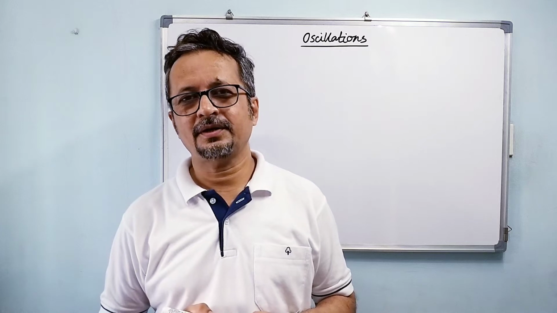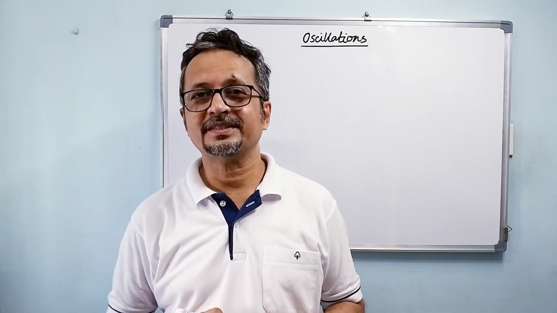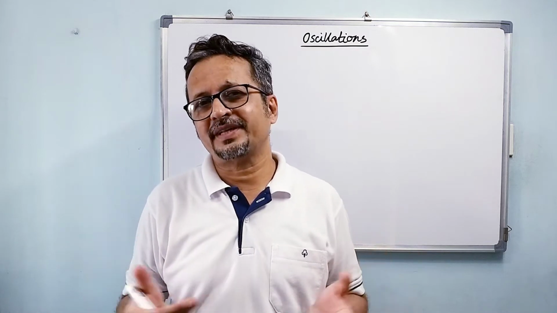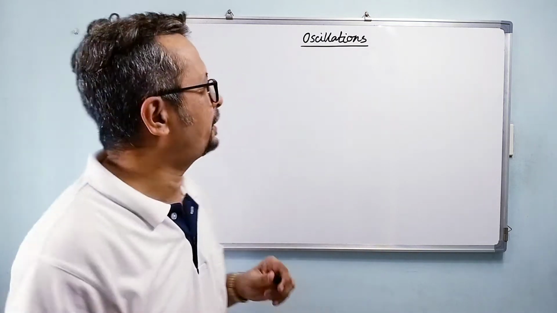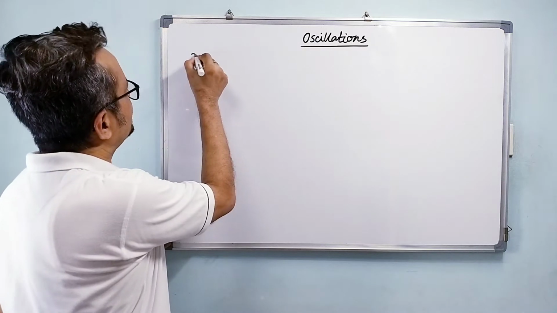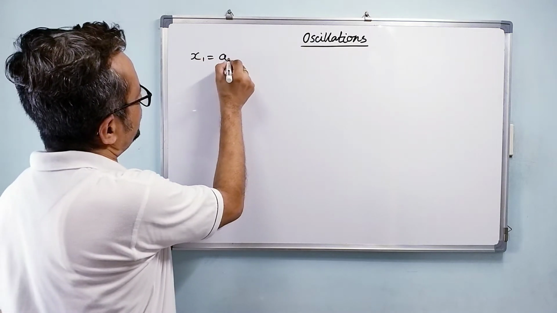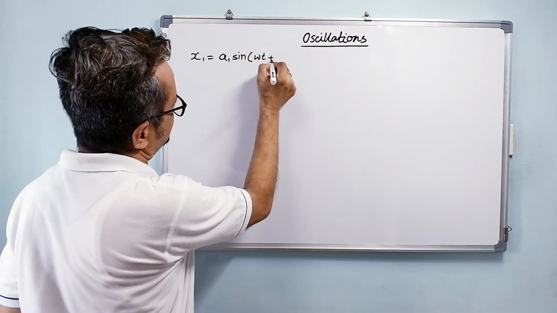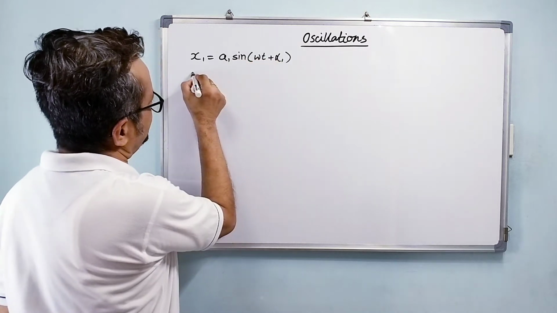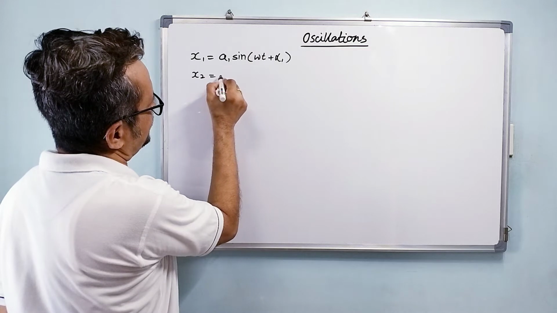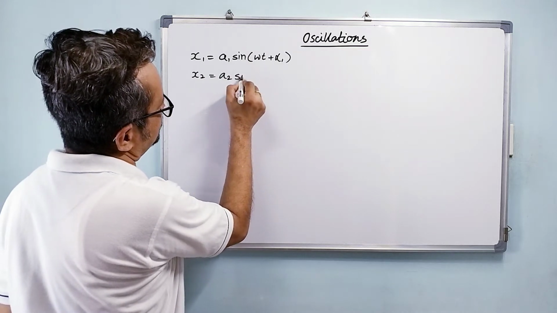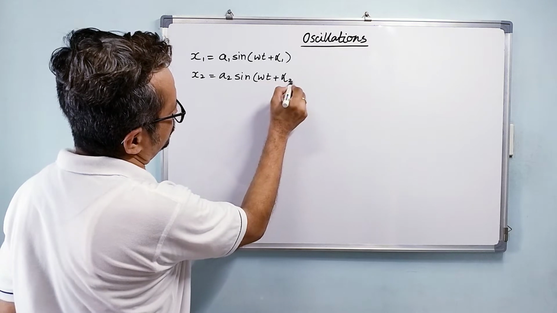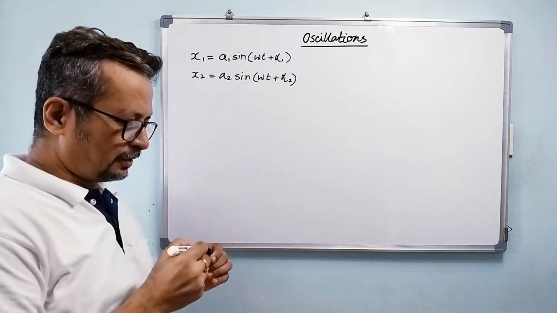Hello guys, let us see what happens when two SHMs, or two oscillations, two motions, combine. Let's have one of them as x1 = a1 sin(ωt + α1), and the second one is x2 = a2 sin(ωt + α2).